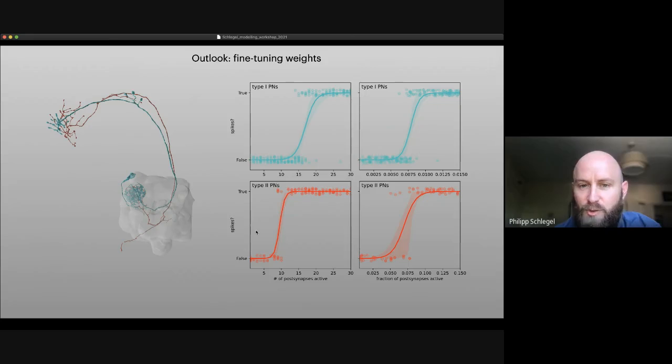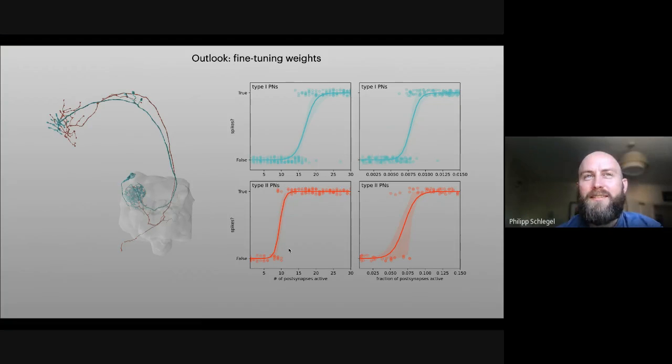For the type 2 PNs, I'll just call them type 2 because it's easier, they actually do have names, that starts a bit earlier, so about 10 or 10 plus synapses give you reliably postsynaptic action potentials. Which already proves that I can't treat all weights the same, or all numbers of synapse connections the same.